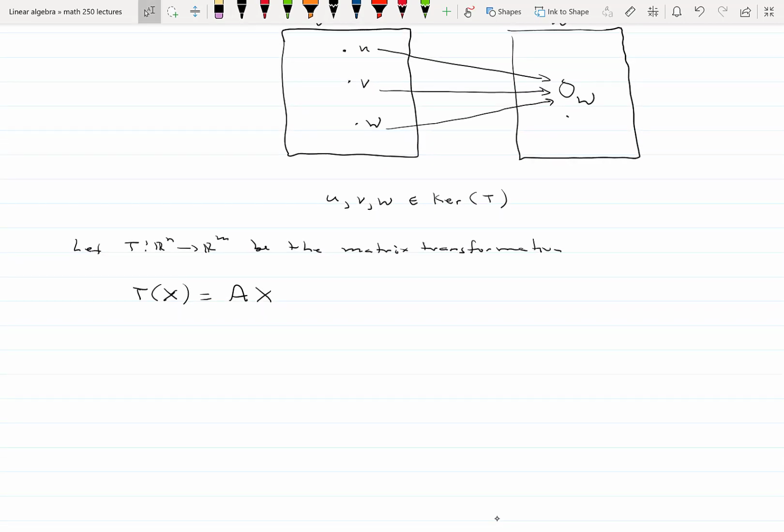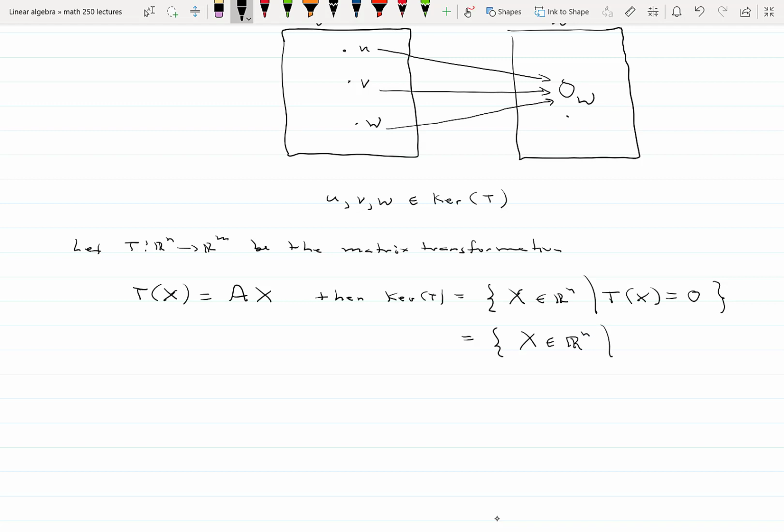I'm trying to remind you where we've seen this. Then the kernel of T is the set of all X in Rn such that T of X equals the zero vector, so the zero vector in Rm. Well, T of X equals AX. When you recognize this, think to yourself, where have we seen this?